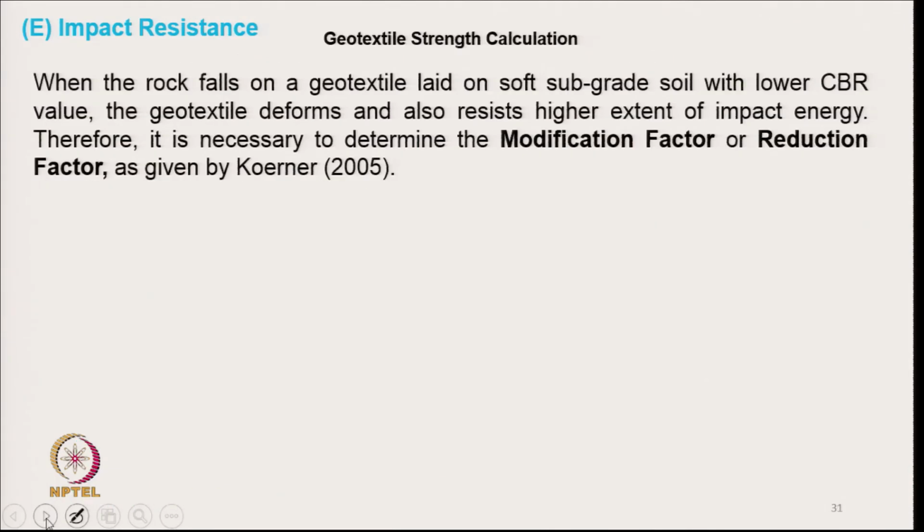So, when the rock falls on a geotextile laid on a surface, there is a condition.